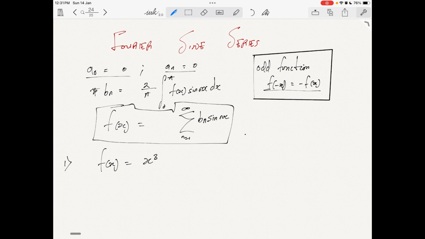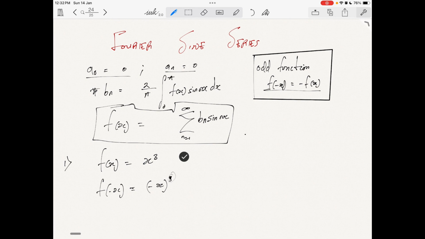So we are given f of x is equal to x cubed. We can check if it is a sine series or a cosine series by testing if it is an even function or an odd function. So if f of x is equal to x raised to power 3, then f of minus x is equal to minus x raised to power 3.